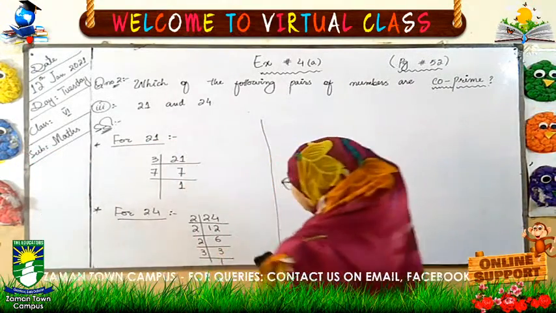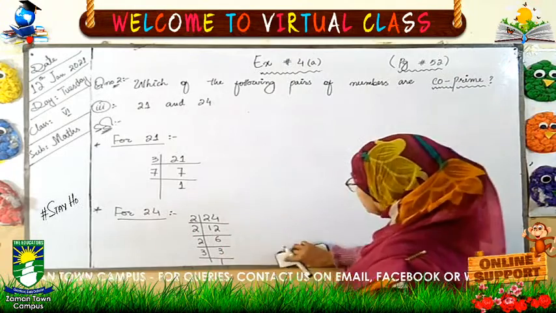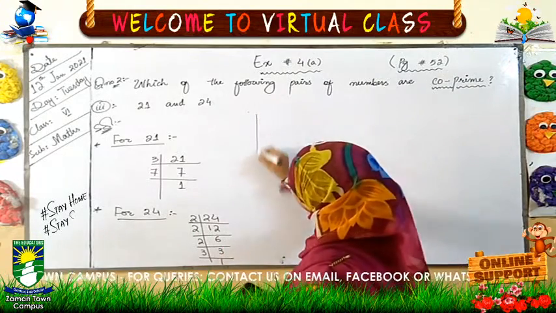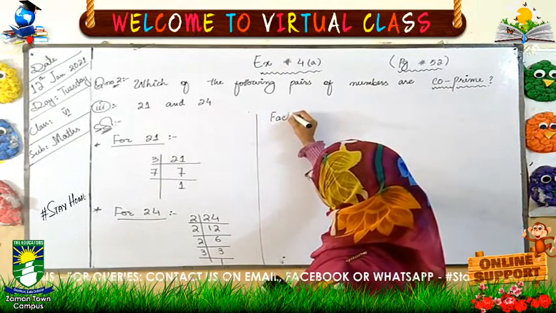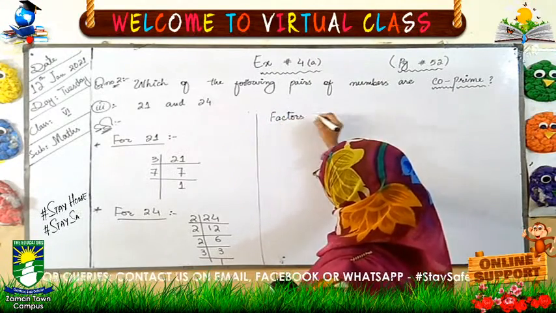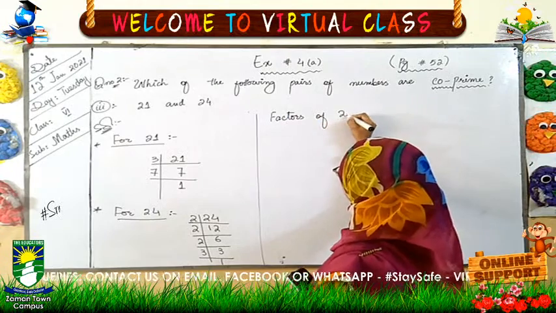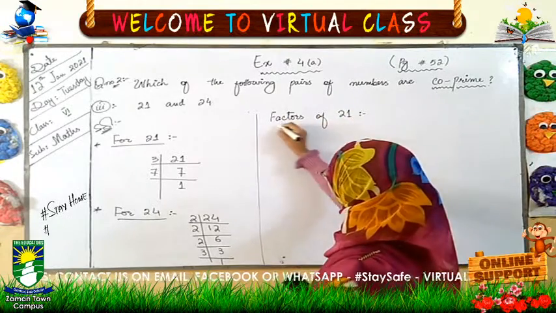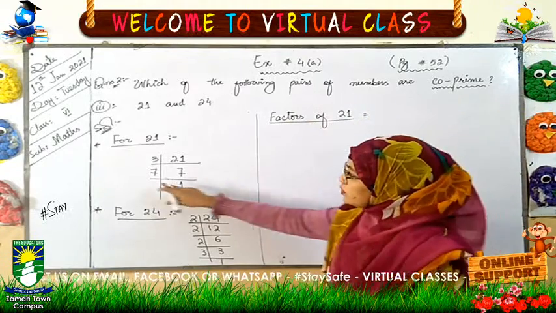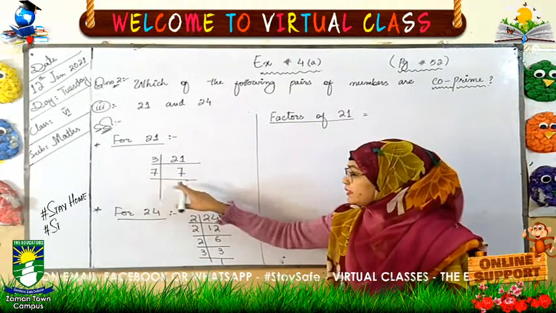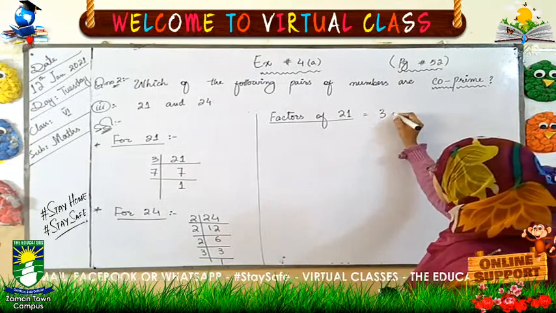As we have done in the previous question, we will do the same for this one. First, we will write down the factors of 21, which is equal to 3 multiplied by 7 multiplied by 1.